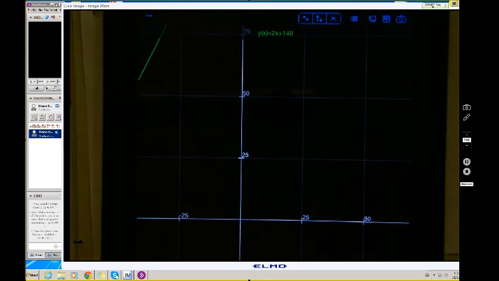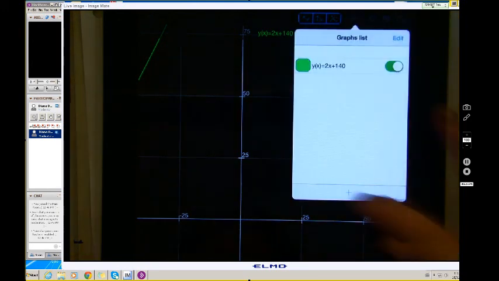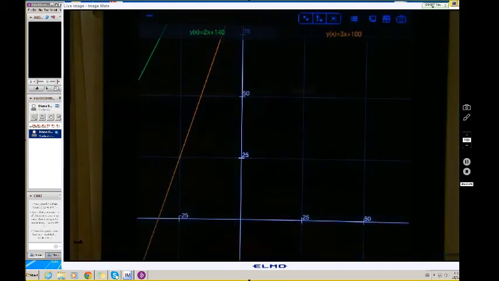Okay, now we'll put the other equation in. Same thing. Hit the list. Add. We want y equals. And then we got 3x plus 100. Save. It puts them both in there. Right now I can't see my intersection. Okay.